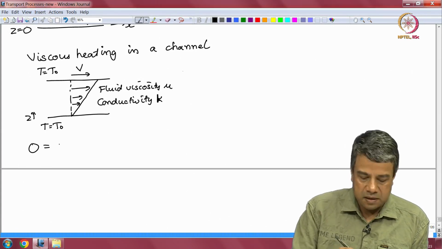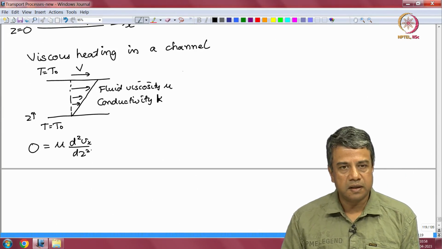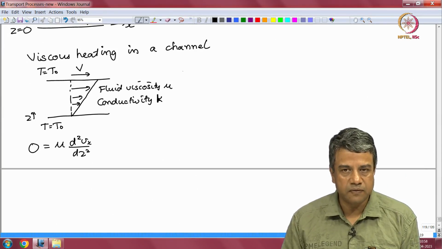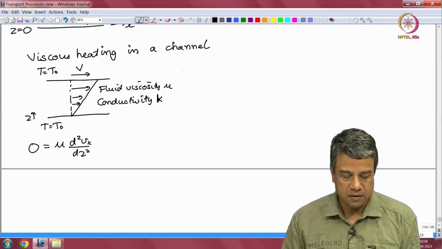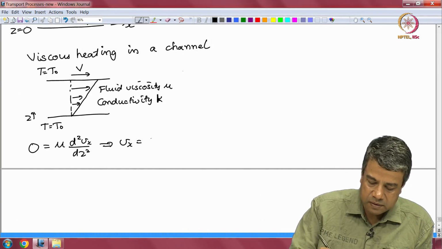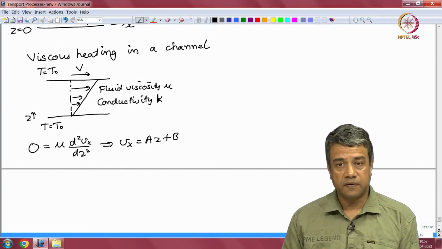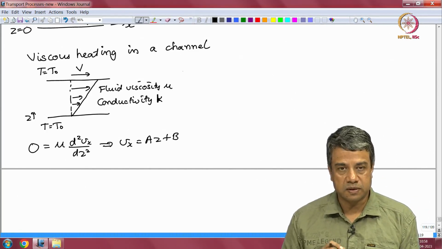There is a viscous term, and there is no body force acting on this. So, this just tells you that d square V x by d z square has to be 0, which implies that V x is equal to A z plus B, a linear profile for a steady state without any sources or sinks.